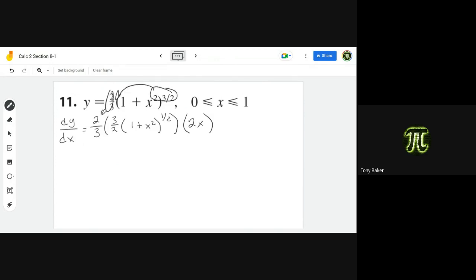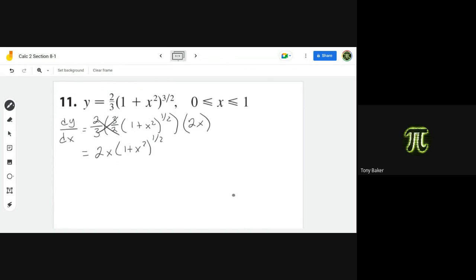This goes down in front of that. It's all multiplication, so it doesn't really matter the order you put it in. Which we now can clean up because those are going to cancel out. And you end up with 2x times 1 plus x squared to the 1/2.